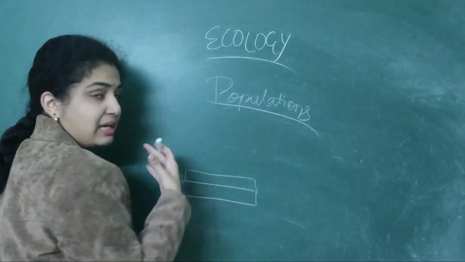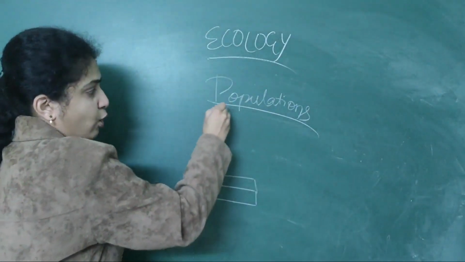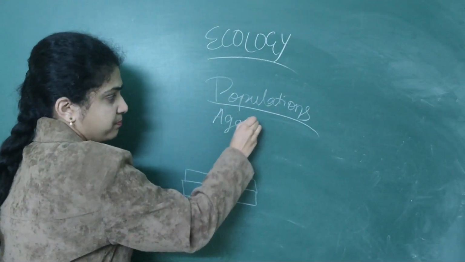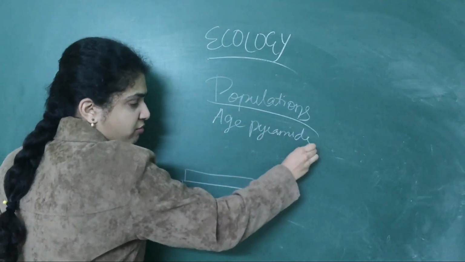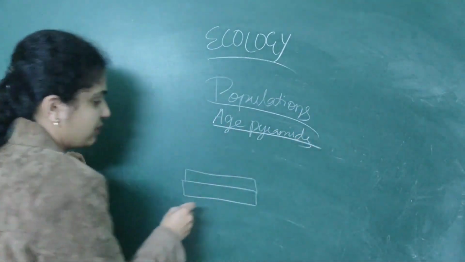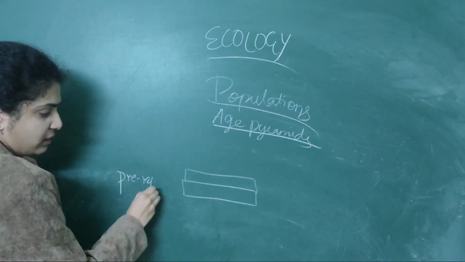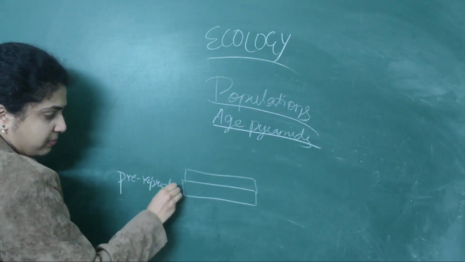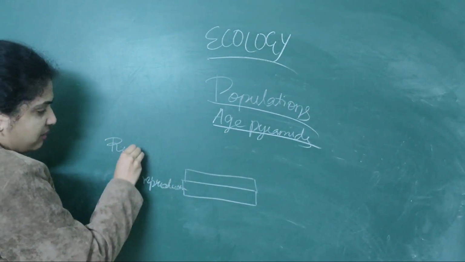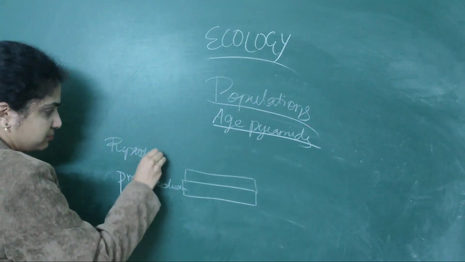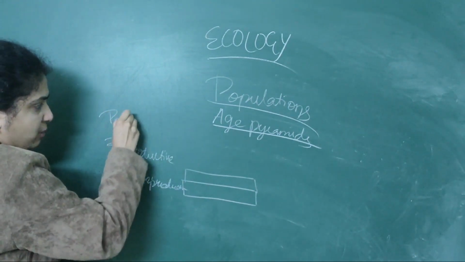These pyramids which we are showing are called age pyramids, because all of them are related to age. Imagine, this one is pre-reproductive age, the middle one is reproductive age, and next is post-reproductive age.